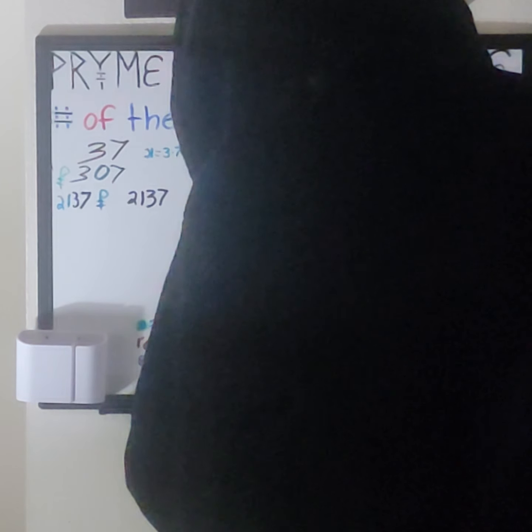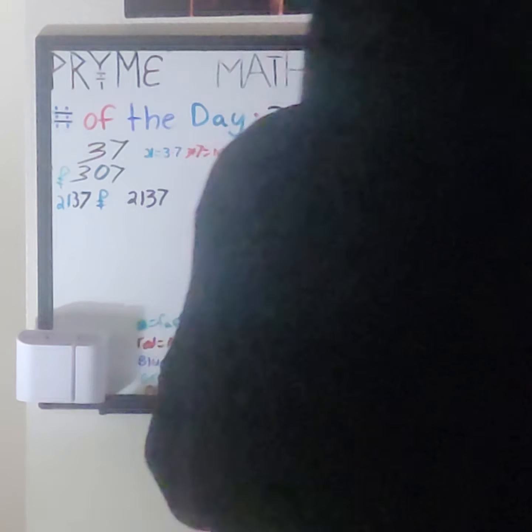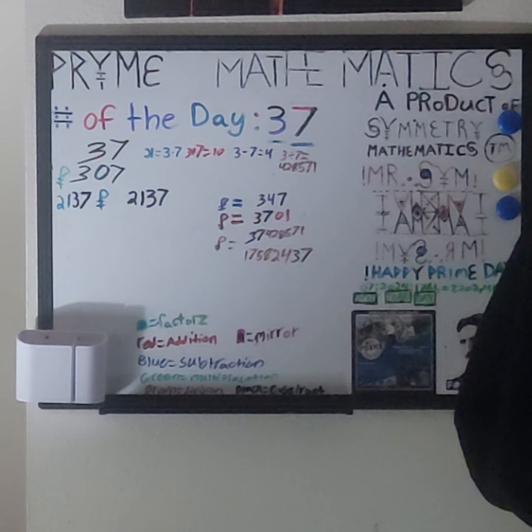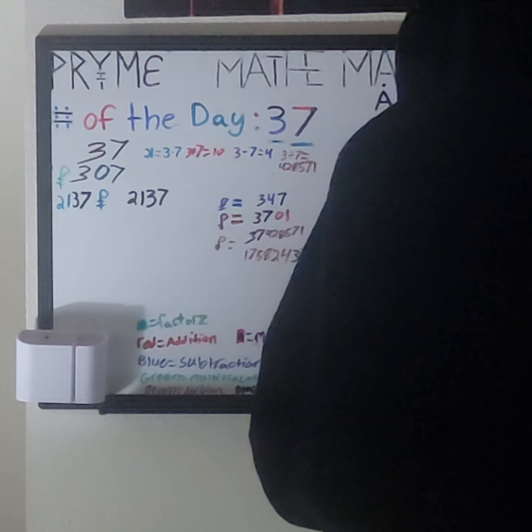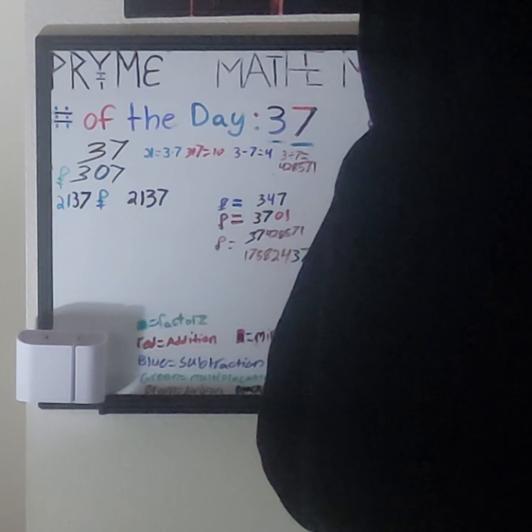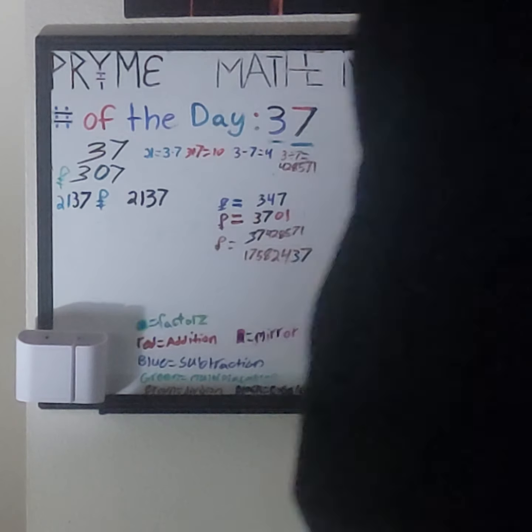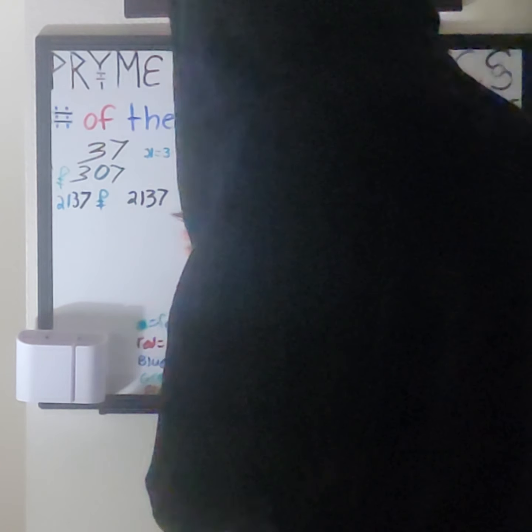Well, let's go ahead and do 21 and 37, or 2137. So we've got 21 plus 37 will equal 58.